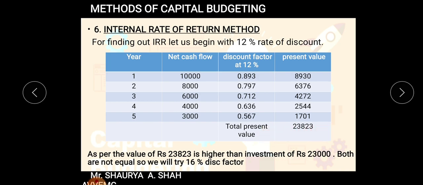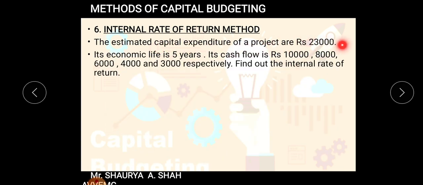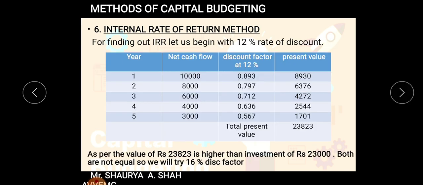What you need to do is compare this with the original investment, which is 23,000. Remember, students, IRR is that value which makes the investment and the present value equal. That is what we found out, right? So here 23,823 is higher than the investment of 23,000.